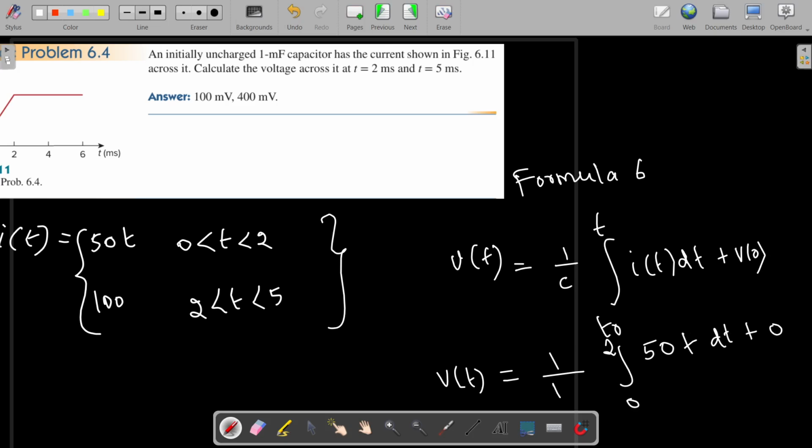Plus this v of 0 is equal to 0, as it is given as initially uncharged. So this particular portion indicates that v of 0 is equal to 0.